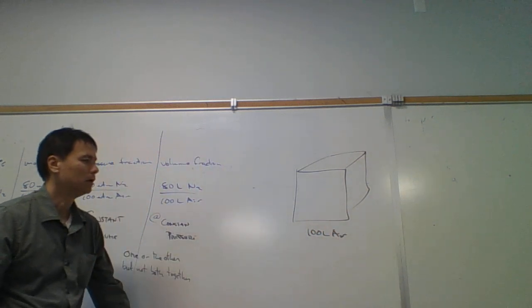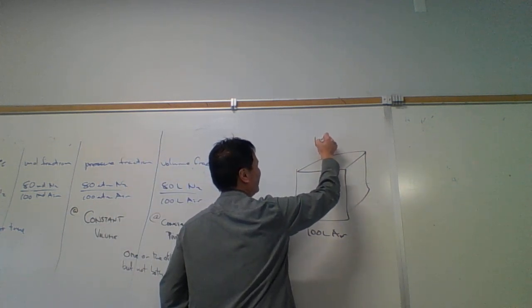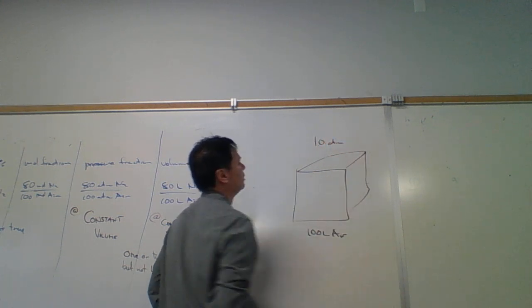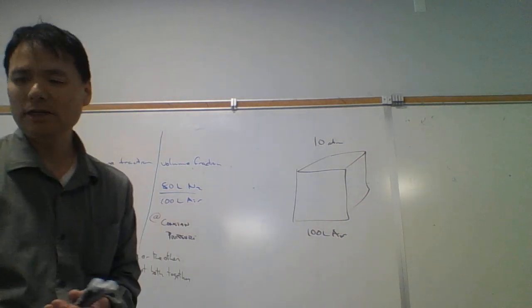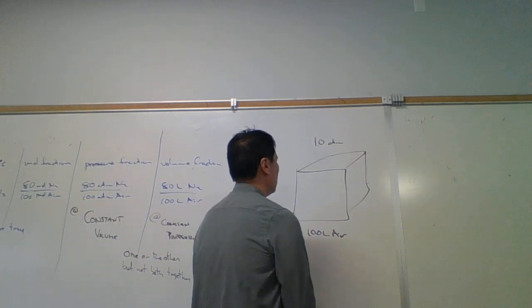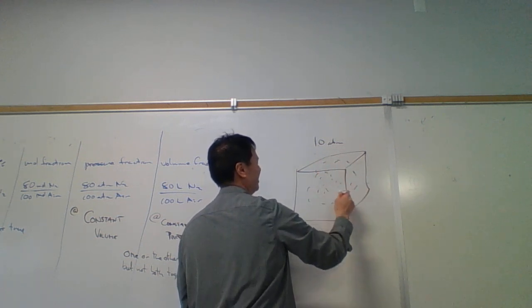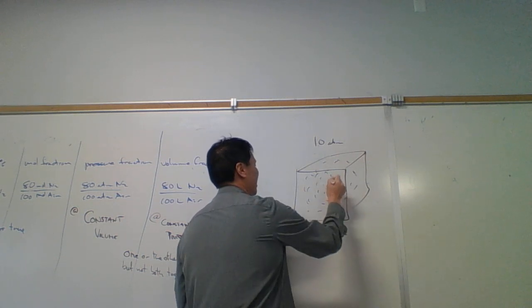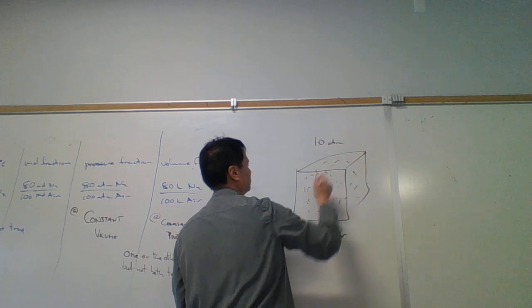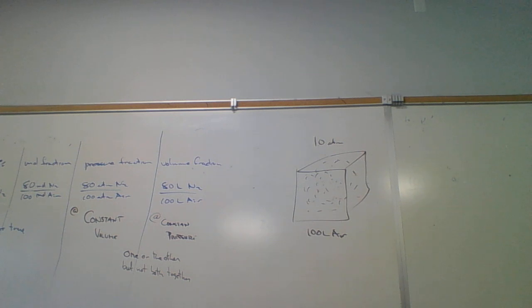And this 100 liters of air will be at 1.0 atm. Now, this 100 liters of air consists of nitrogen and oxygen. Mostly nitrogen. 20% of the molecules are going to be oxygen molecules, 80% will be nitrogen molecules.